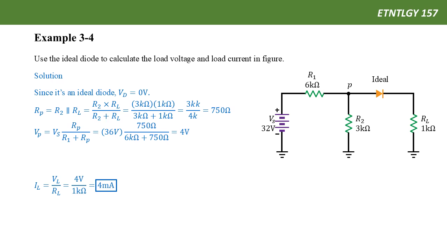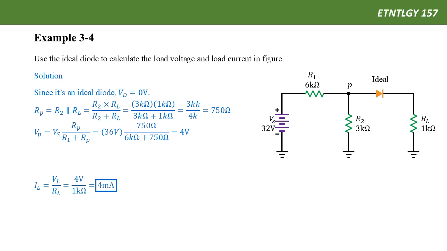After replacing the diode by a wire, we realize that resistor R2 and the resistor RL are in parallel. So we can combine these two resistors using the two parallel resistor formula, and that's 3K times 1K divided by 3K plus 1K. After computing that, it equals 750 ohms.